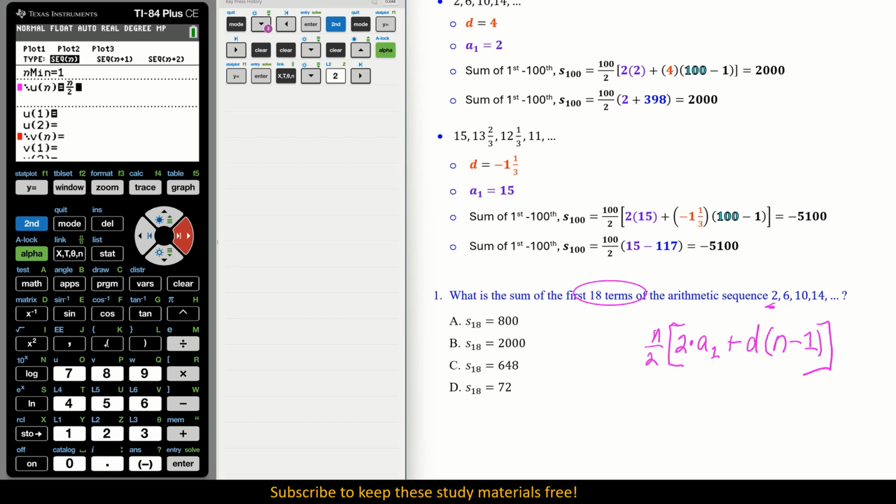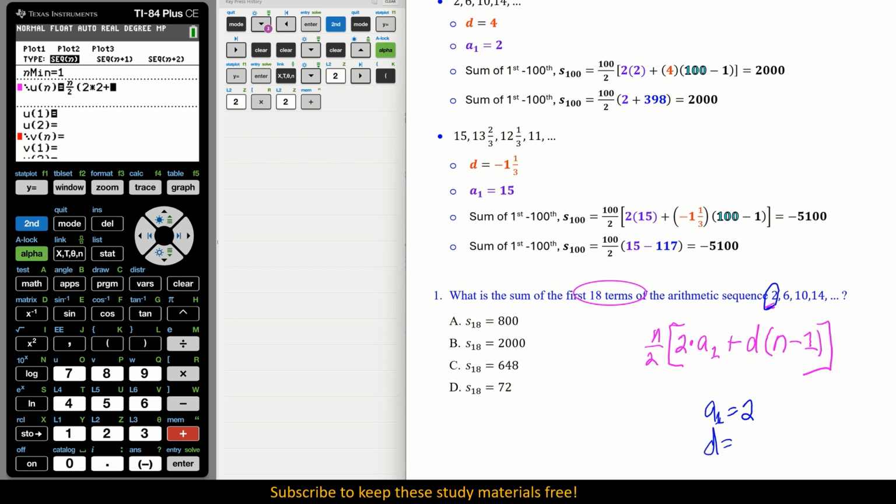Now we have parentheses, and we say 2 times our first value, which is 2, then plus d. Here I'll write this down. a sub 1 equals 2, and d equals 6 minus 2, which equals 4.